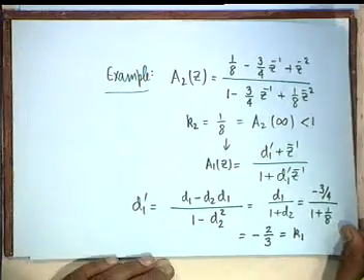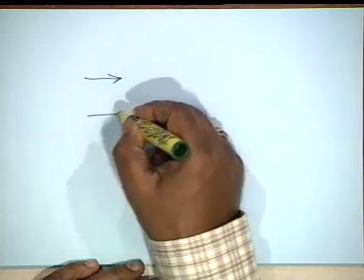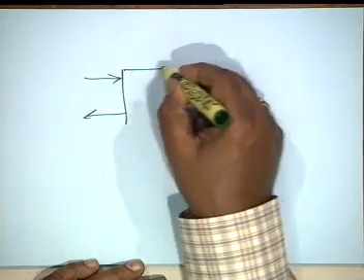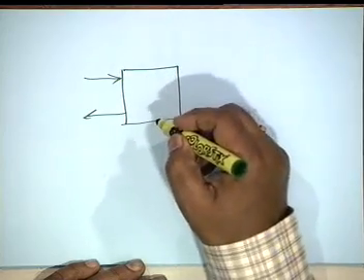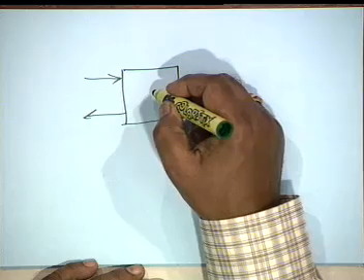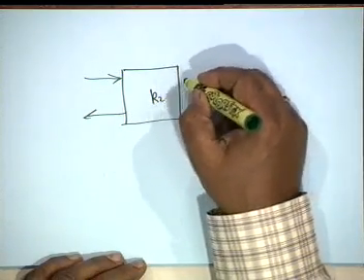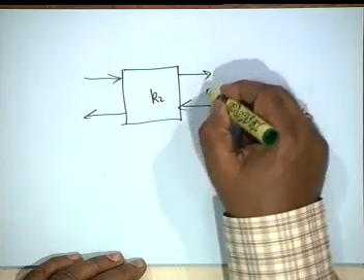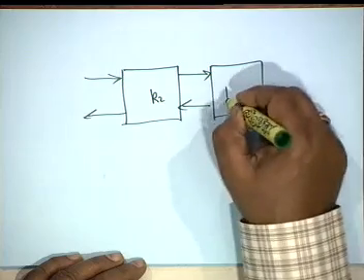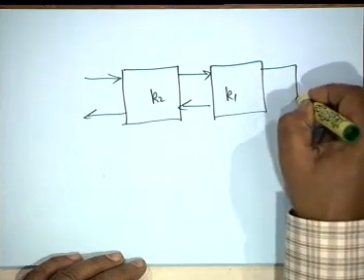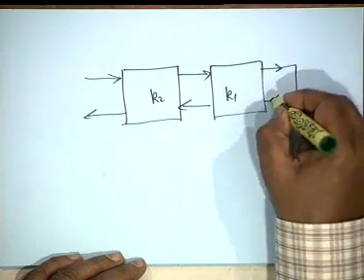And once you have found K2 and K1, all that remains to do is to draw the filter. As I mentioned to you earlier, I draw the lattice simply as a box, starting with K2, then K1, and the output is terminated like this.